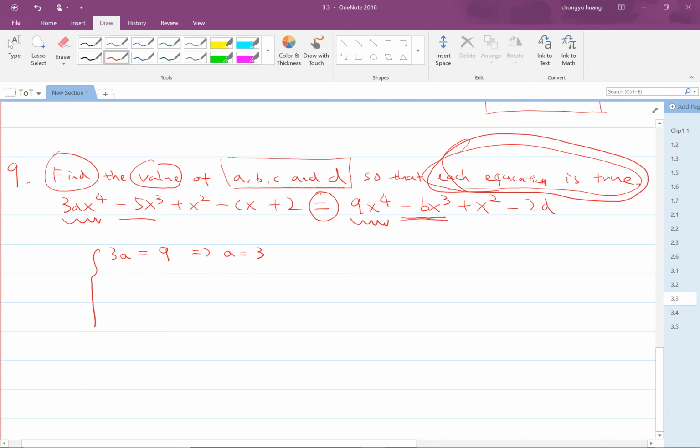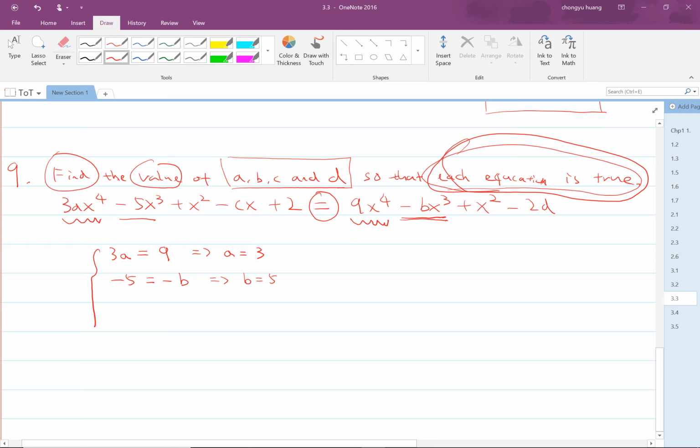Both terms have the same power, so you want to make the coefficients equal. So we have negative 5 equal to negative b, so b is equal to 5.